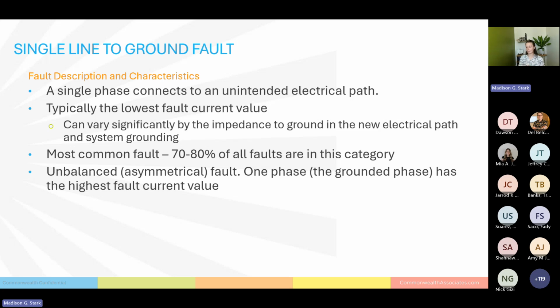This is typically the lowest fault current that you'll see of all the different types of faults, but the actual magnitude of the fault is very dependent on the impedance to ground in the new electrical path, as well as the system's overall grounding and configuration. This is the first in the unbalanced fault category, and it's unbalanced because you only have the one faulted phase. That one phase that connects to ground has the highest fault current value, and the other phases don't really see that fault current.